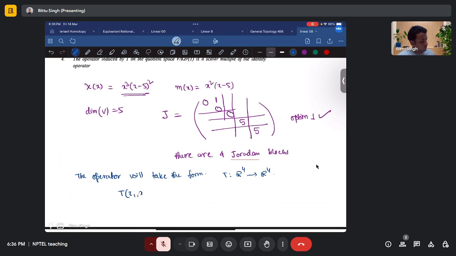So T x1, x2, x3, x4, or maybe use the column notation. Then it will be easier. T of x1, x2, x3, x4. So I am taking an n by 1 matrix. This is the same as J times that x1, x2, x3, x4.